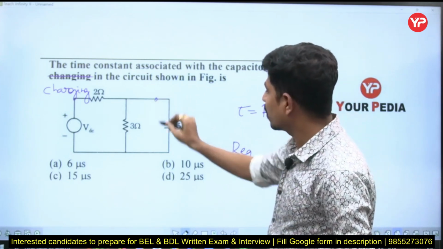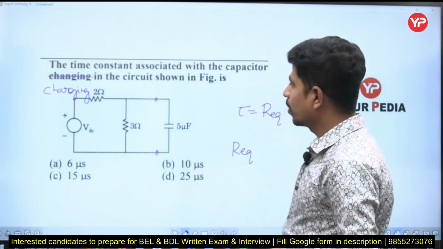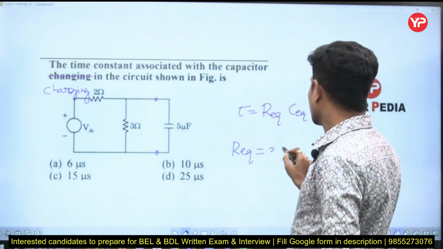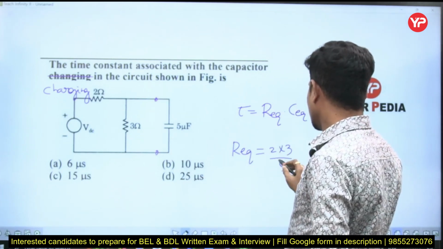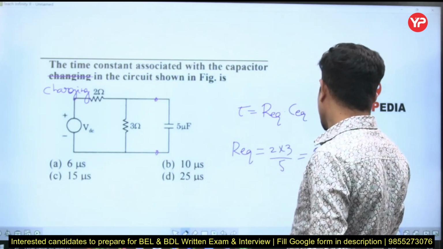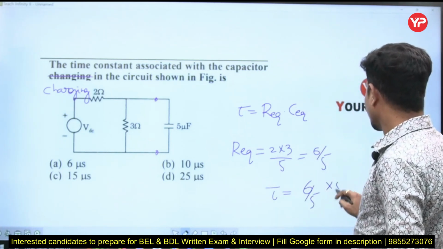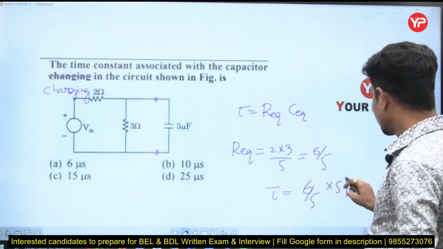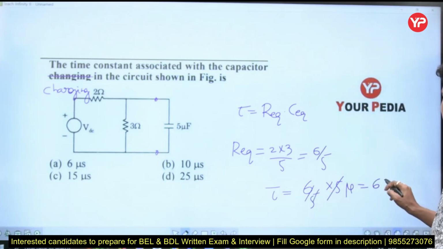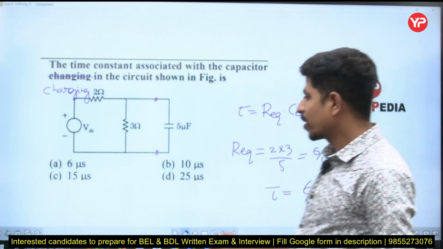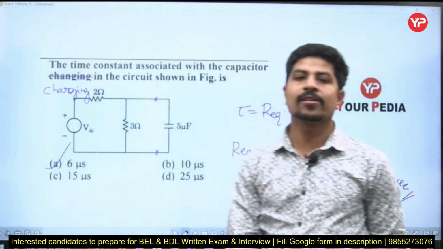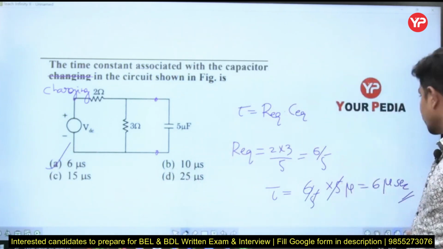The voltage source is short circuited, so 2 in parallel with 3: 2 into 3 by 2 plus 3, which is 6 by 5. And C equivalent is 5 micro. 6 by 5 into 5 micro is 6 microseconds. Choice A perfectly suits the given question, right?